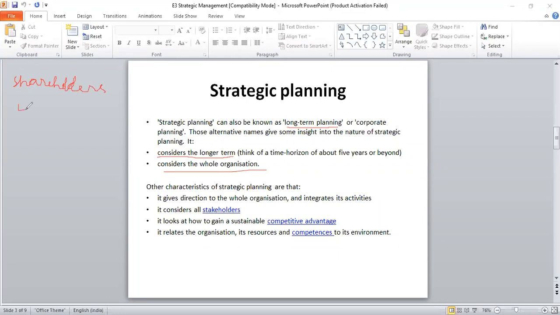Employees. Yes. Who are the other stakeholders? Investors or shareholders. Then government. Yes.